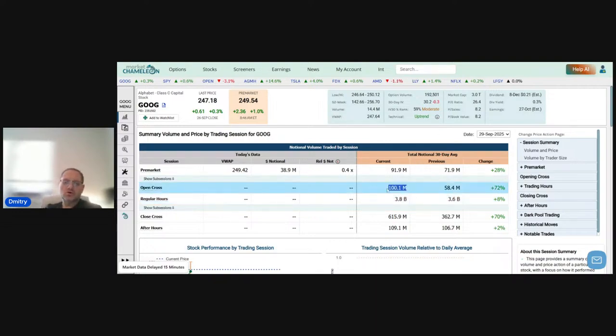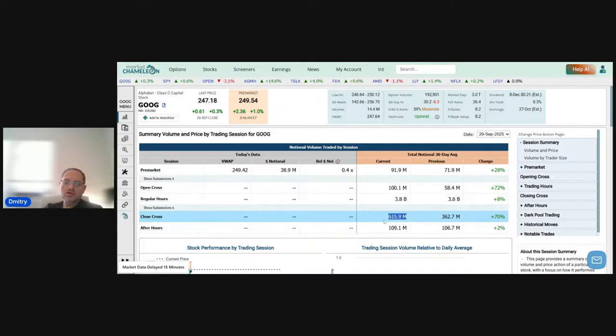Also, comparing the opening cross to the closing, you typically see more in the closing, and that's because there are institutions that need the closing price. When we're looking at something like a mutual fund that gets created or redeemed based on a net asset value, the net asset value references the closing price.